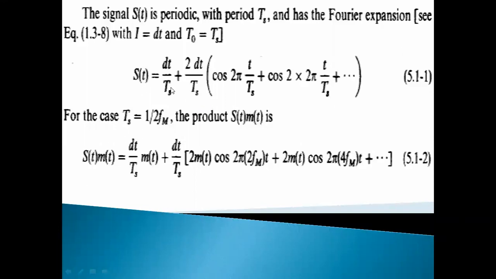So this is S of t, a pulse train having this Fourier expression.